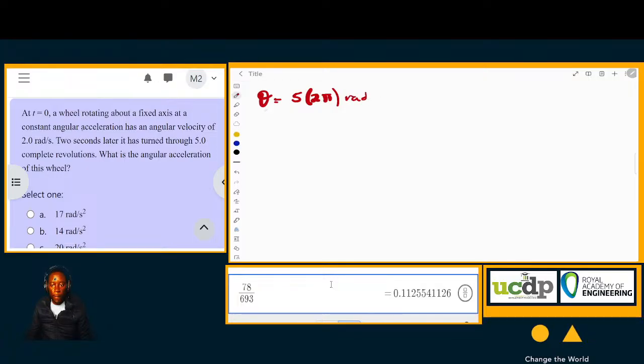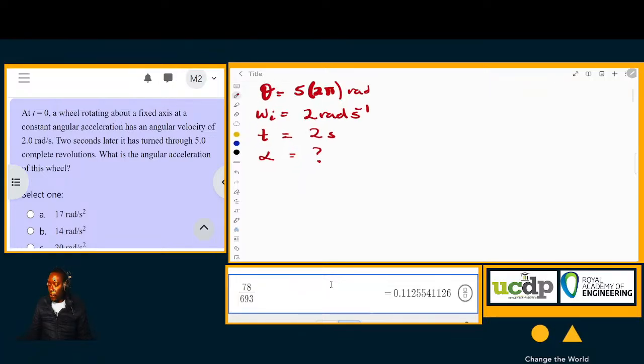Then the angular velocity: the constant acceleration has an initial angular velocity, so omega I is equal to 2 radians per second. Time t is equal to 2 seconds. So we need to find alpha.